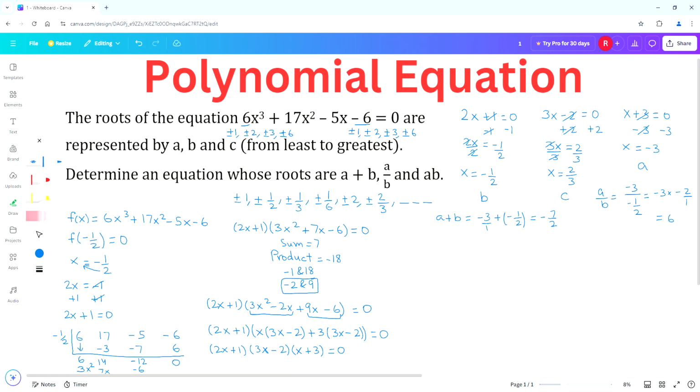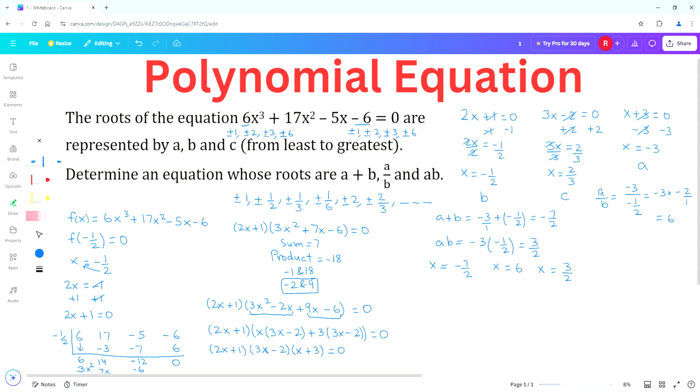Now we can find the third root. Negative 3 times negative half is equal to positive 3 over 2. So these are the three roots of the equation we have to find. This is the first root. This is the second root. And then the third root.